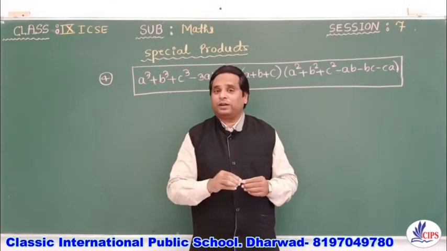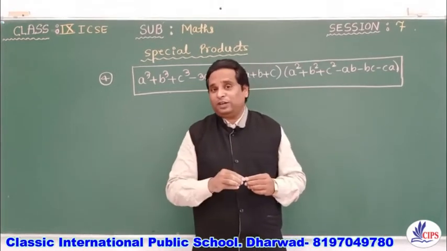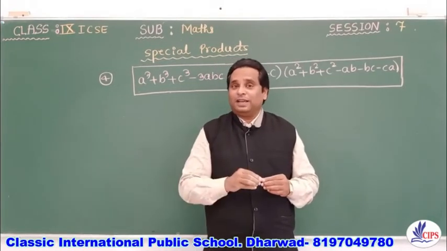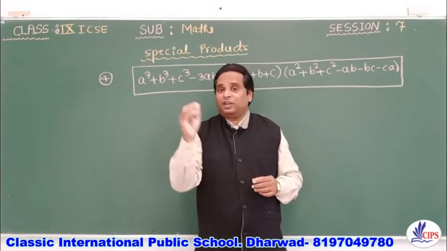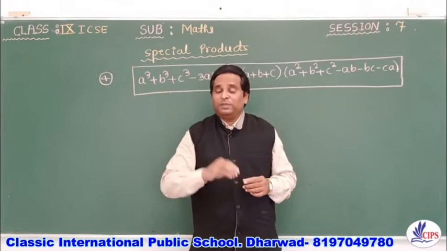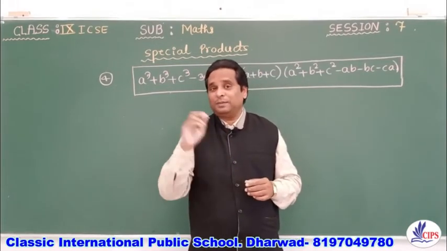The second special product is a cube plus b cube is equal to a plus b into a square minus ab plus b square. And the third special product is a cube minus b cube is equal to a minus b into a square plus ab plus b square.